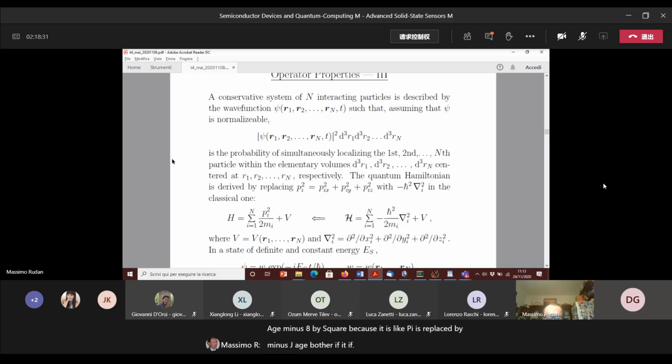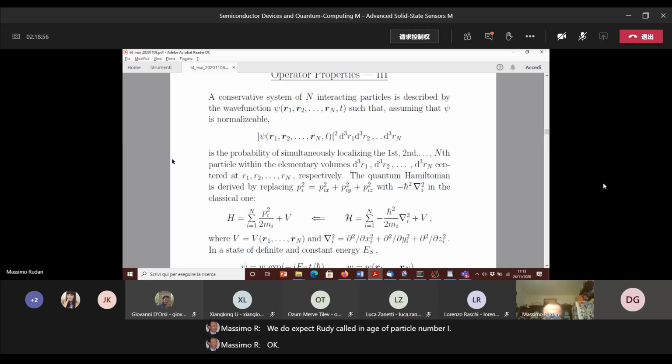So when we square, as you remember, we obtain minus ħ squared Laplacian. The index i indicates the Laplacian with respect to the coordinates of particle number i.